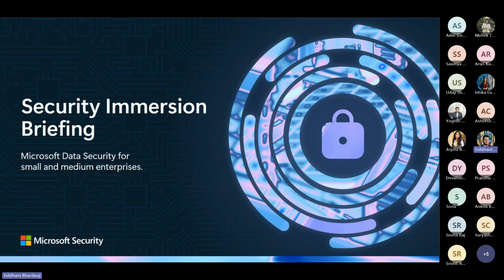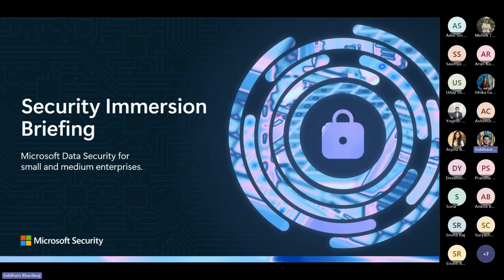Right. While we get started, I have a question for all of you within the meeting. While we go through the agenda and the briefing itself, I'd like you to give us a few examples of where you have seen data security risks. How are you currently mitigating data risks within your organization? And how are you handling the introduction of AI platforms like ChatGPT and OpenAI within your companies?